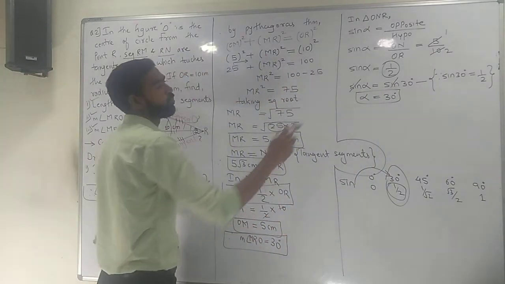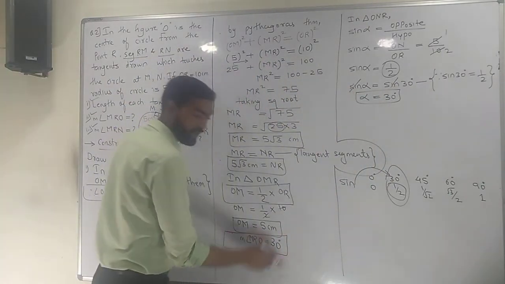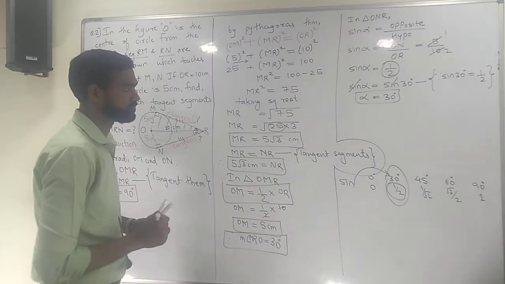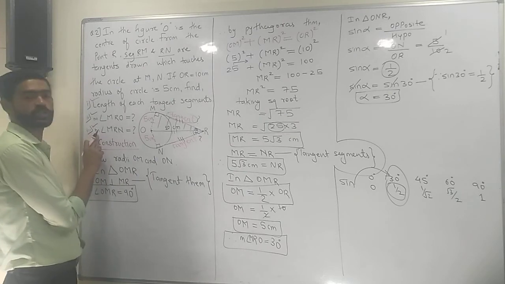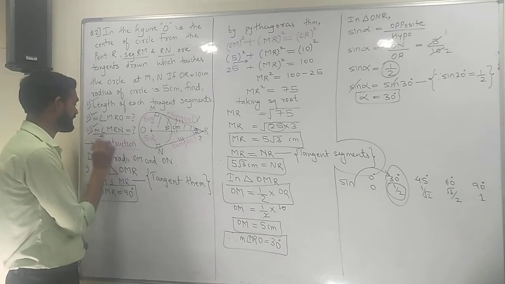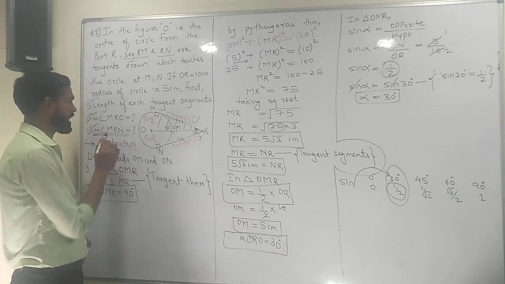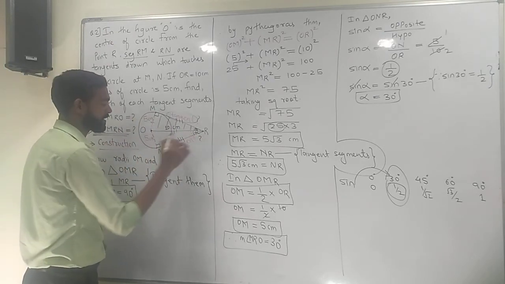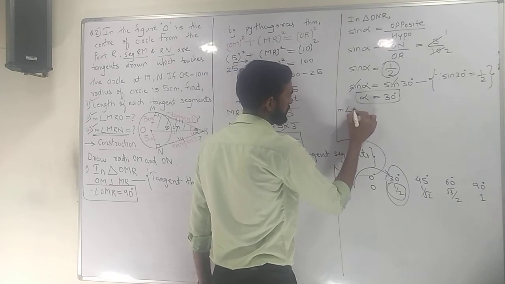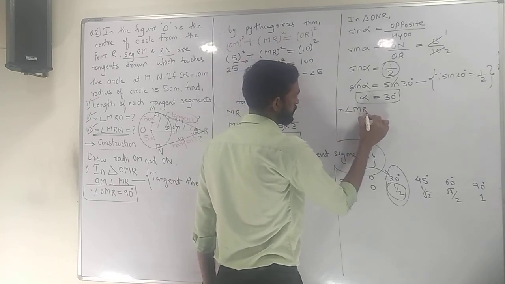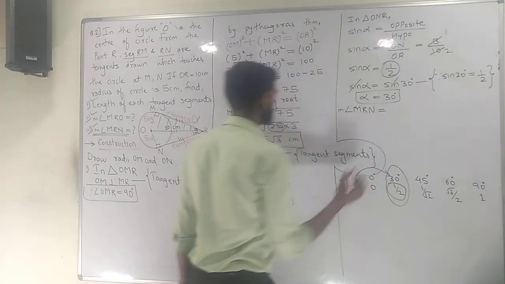So I have shown you both the methods, how to find those angles. So I got the lower angle. But what was the third question? The third question was to find this angle, MRN. Where is MRN? Now let us find major angle MRN.